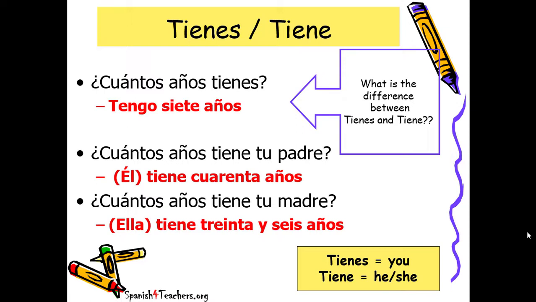So ask yourself, what is tengo? Tengo is I have. What is tienes? Tienes is you, tú, familiar, have. What is tiene? Tiene is he or she, él or ella, has.